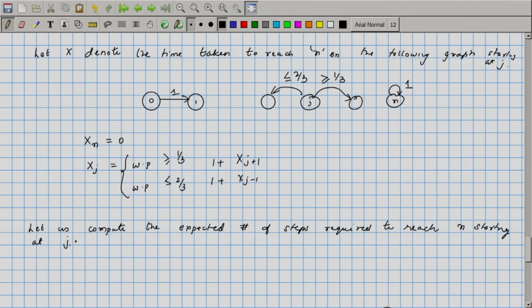probabilities. So, instead what we will do is, since we are looking at reaching n, we will define a new random variable y, or a new random walk on which you are going forward with probability 1/3 and you go backward with probability 2/3. Okay.